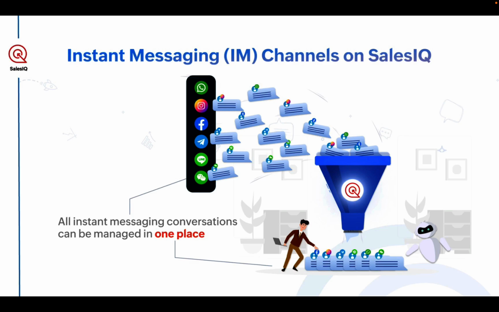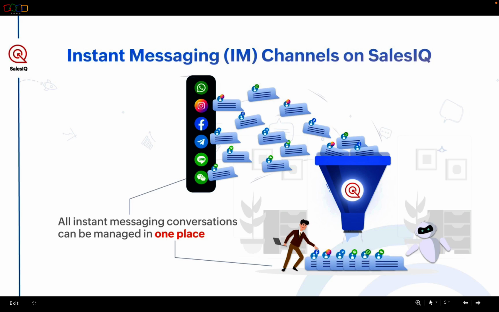And just look at the range of platforms we support. We have Facebook Messenger, we have Telegram, Instagram, WhatsApp, Line, as well as our newest addition, which is WeChat. So what does this mean?